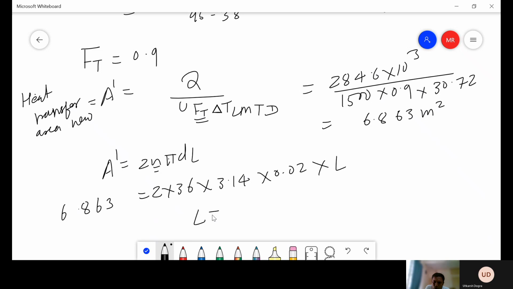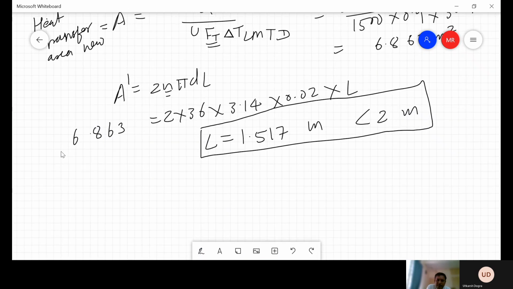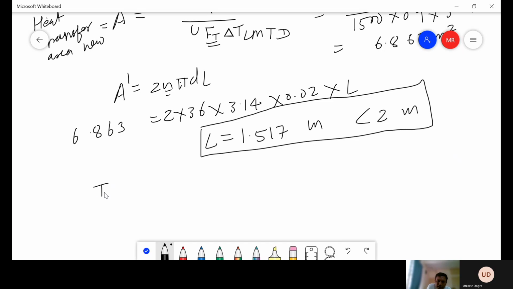So with this we can calculate L, and L comes around 1.517 meters. Clearly this is less than 2 meters, so this design is acceptable. The new design is acceptable.